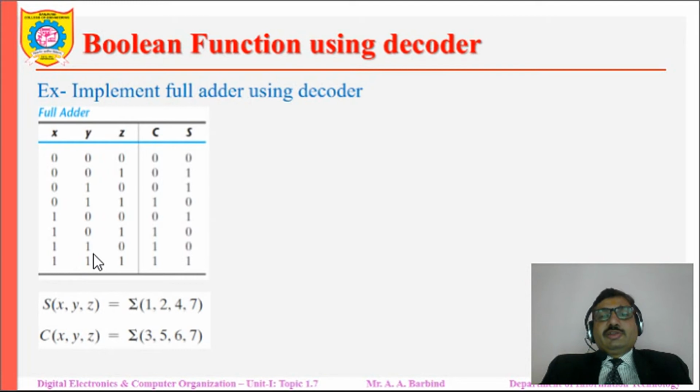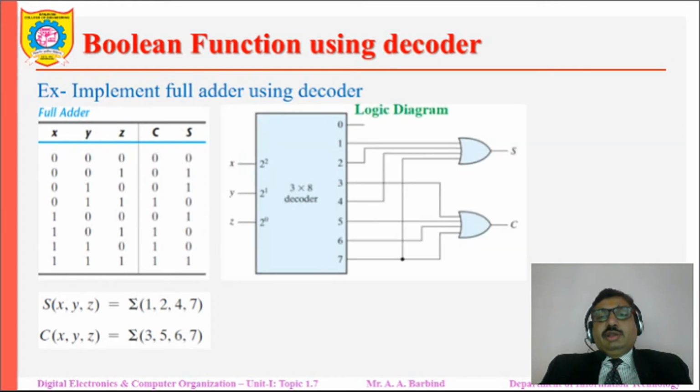Usually decoders are used to implement logic functions with more than one output. Here in the full adder there are two outputs, so we use a decoder for implementing it. The logic diagram for the implementation is in this fashion.